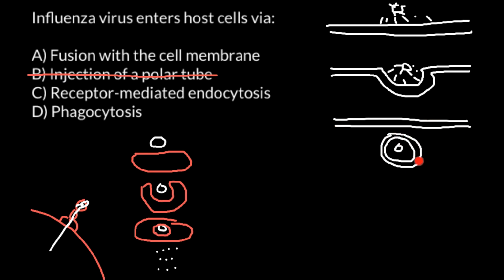So this vesicle would be formed including this double lipid layer that surrounds the virus.